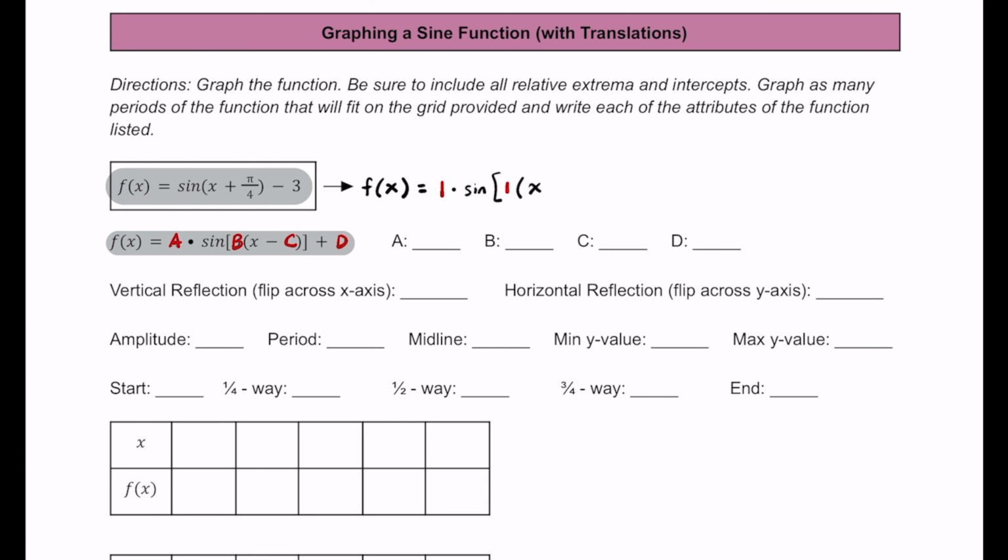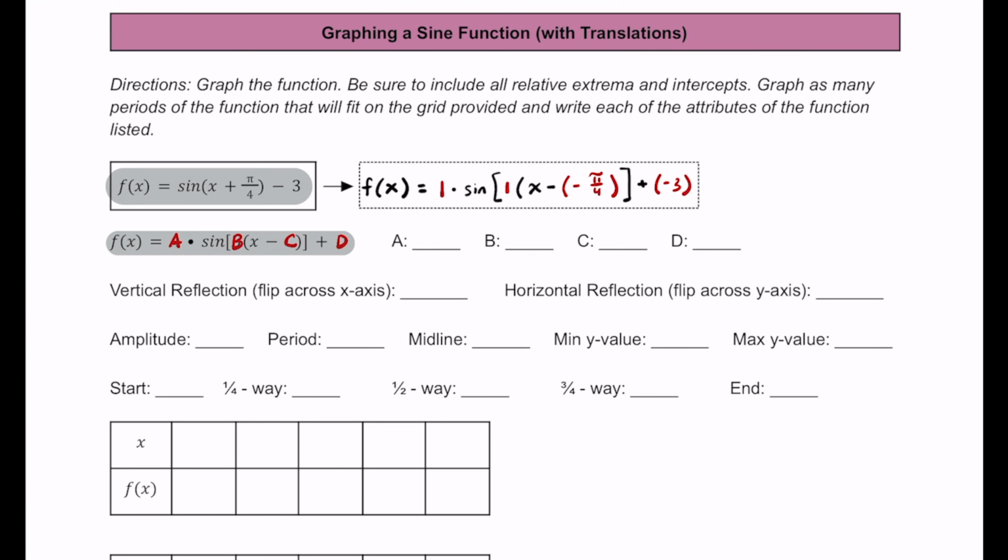And then we have this plus pi over 4. So that's really going to say it's going to be minus, and what we're going to write here is going to be a negative pi over 4, right? So our formula has a minus sign in here, so this c value must be negative, okay? And then after that, we're going to go ahead and add a d value here, and d is going to be a negative 3. So we can add a negative 3.